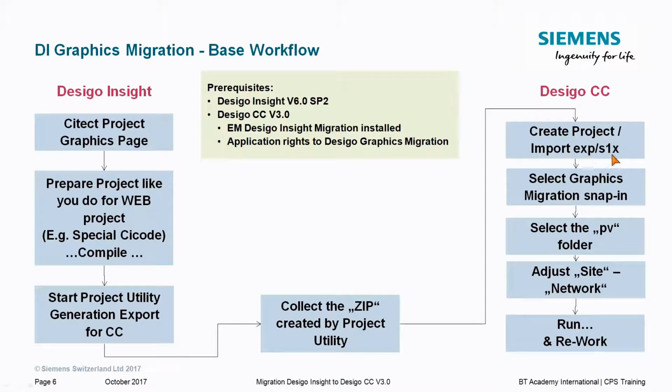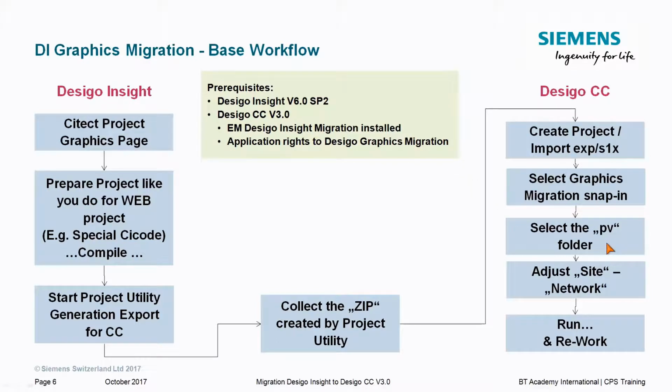So the export and CBIX files from here will be imported, and you create the project. And then select the graphics migration snap-in. This is only possible if you have the extension module installed and you have the rights to do it.